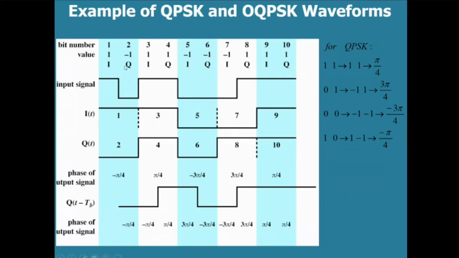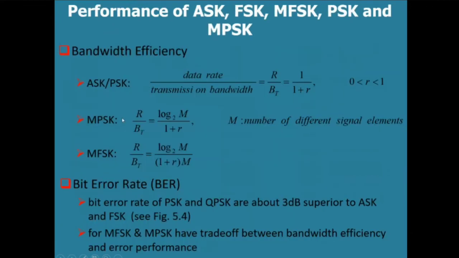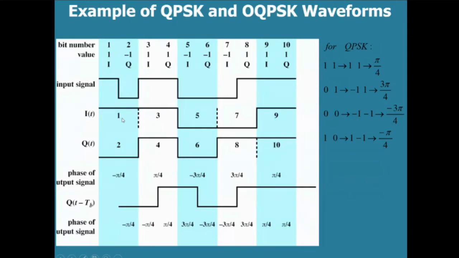This is in phase, quadrature phase, in phase, quadrature phase. The input signal will be like that. We can separate it by means of a bit splitter into even and odd sequences. The in-phase component has odd-numbered bits 1, 3, 5, 7, 9, and the quadrature phase has 2, 4, 6, 8, 10.